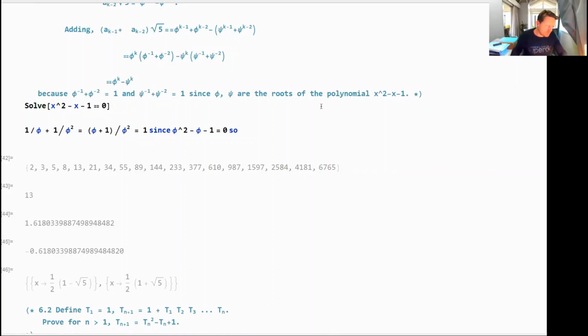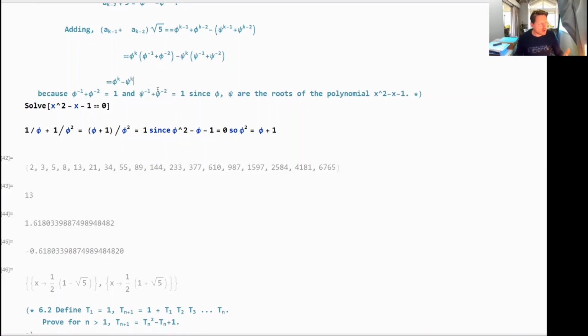So phi squared is phi plus 1. Right, so just copy and paste this one. Phi squared is phi plus 1, all right? And so dividing throughout by phi squared, you have 1. So that's why that holds. And because psi is also a root of this equation, the same identity holds true for psi, all right?